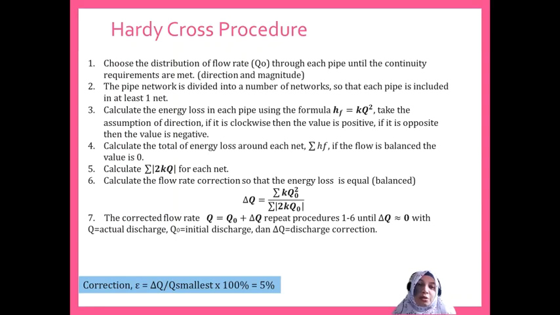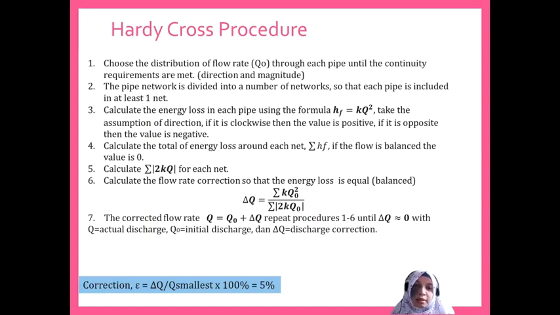Hardy-Cross procedure number 1. Choose the distribution of flow rate QO through each pipe until the continuity requirements are met. You know that in the continuity equation, Q in equals Q out.